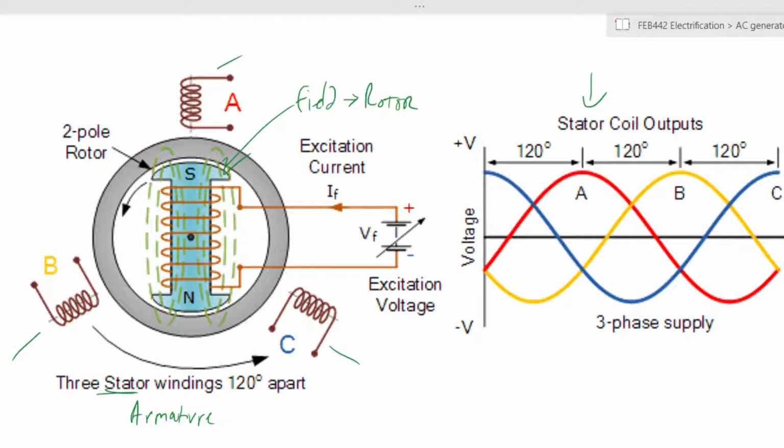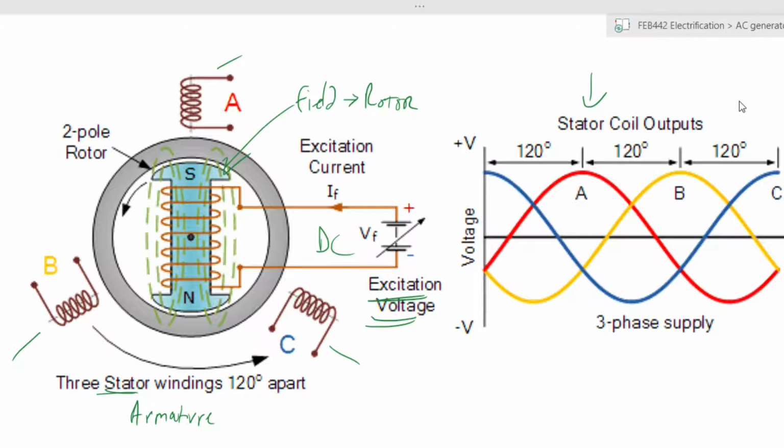So you can have very many poles mounted on the same rotor. But for simplicity, let's have this one. In order for you to have your field rotating inside your machine with your north-south, the only way you can produce a north-south magnet using electricity is if you have DC current. So you have a DC excitation voltage that you apply to the generator through slip rings to the rotor.